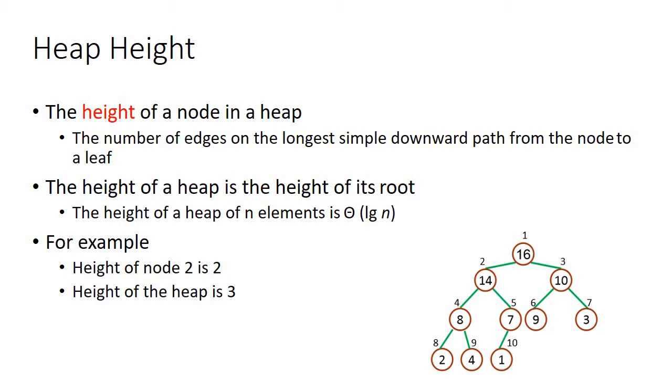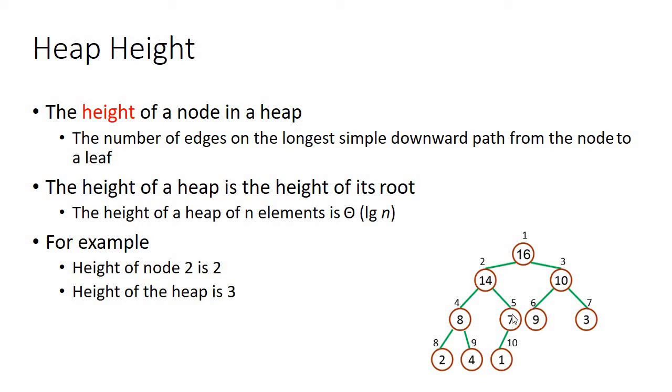Heap height means the height of the node in a heap, the number of edges on the longest simple downward path. So in this case 1, 2, 3, the height of the heap is 3 because it is the number of edges on the longest branch. For every node we can calculate its height.